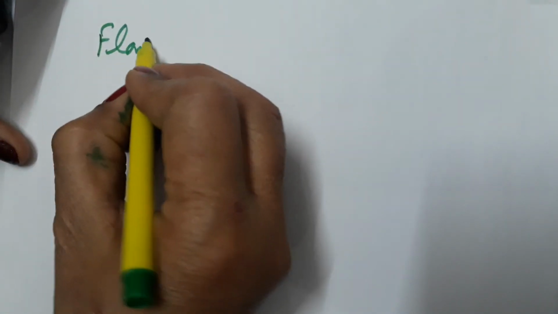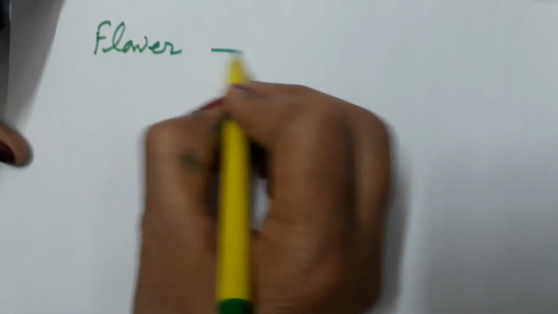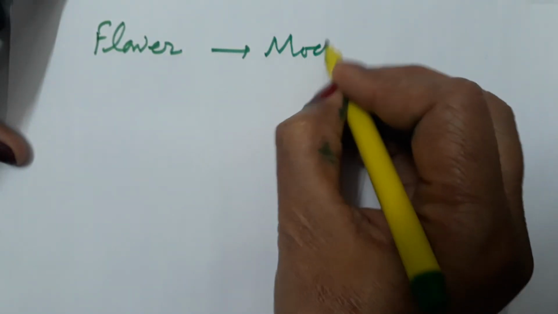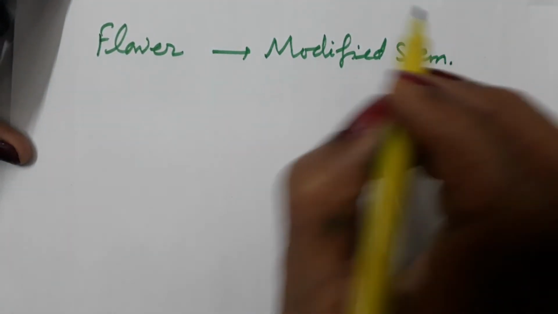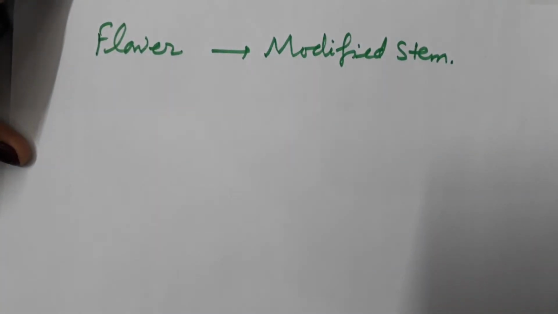What is flower? Flower is a modified shoot. Flower is a modified stem. We discuss it in morphology.